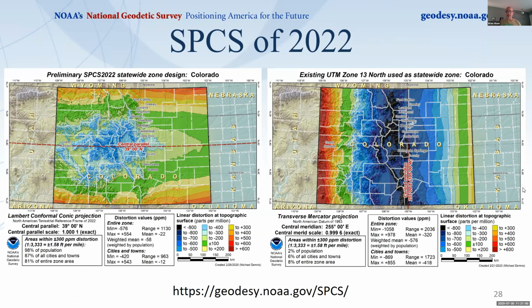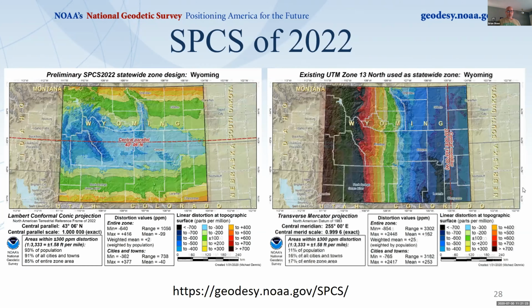And on the right, you can see the UTM reference for the current, if there was a current statewide zone, and the inaccuracies of it. So comparing this, we will be providing much better state plane coordinate systems for the future. And many states, including Colorado and Wyoming, are planning to have LDPs included in this. And there's Wyoming.